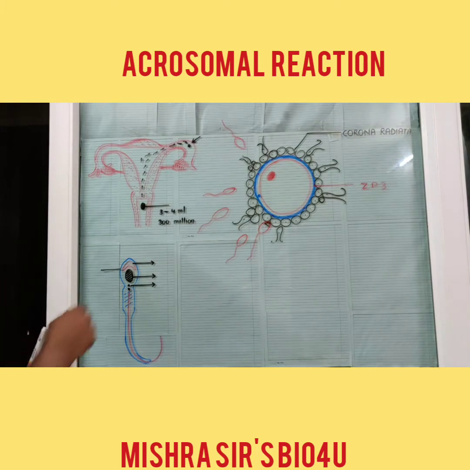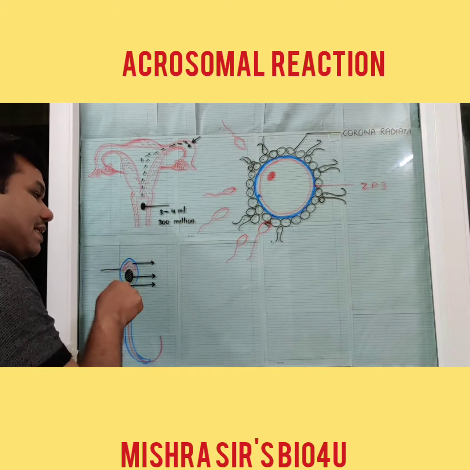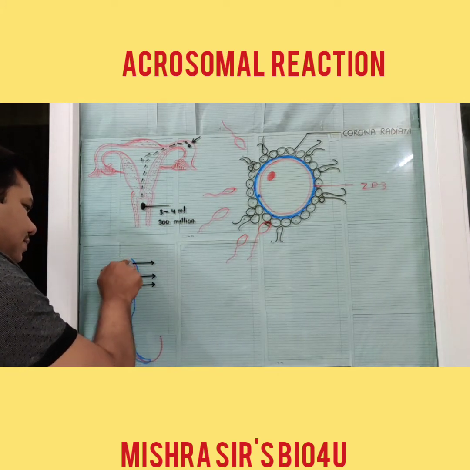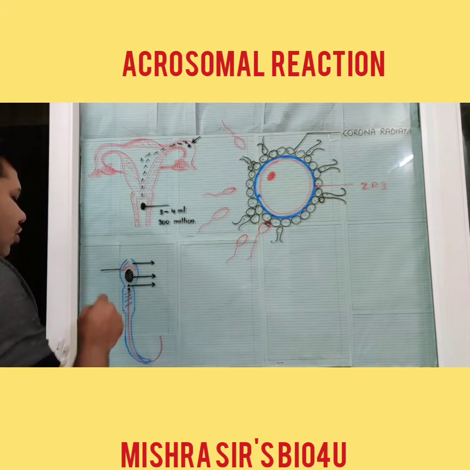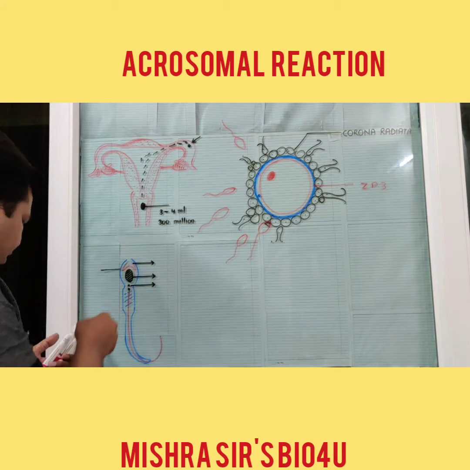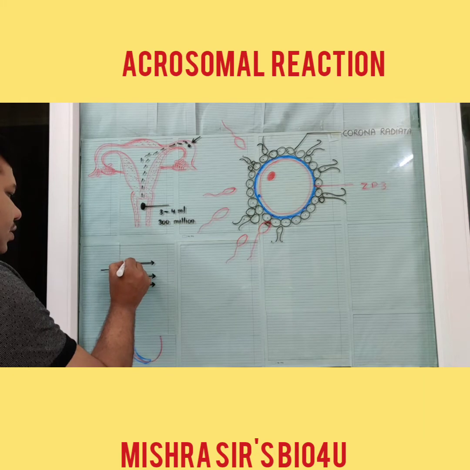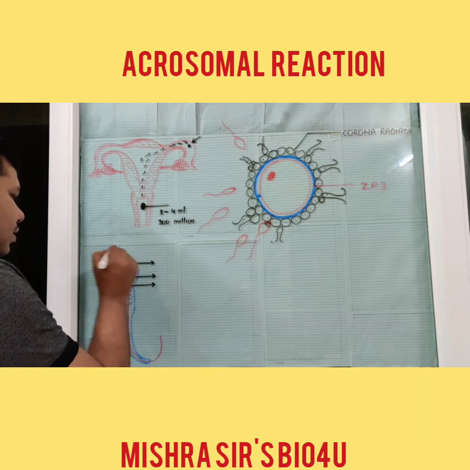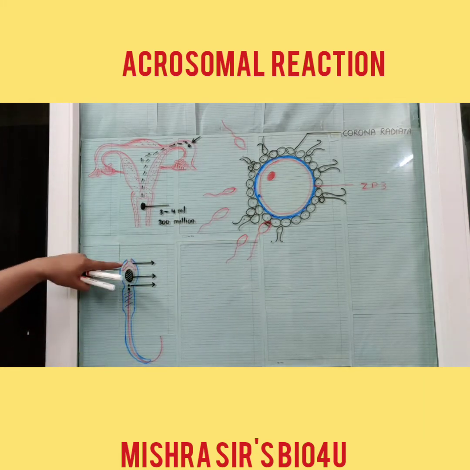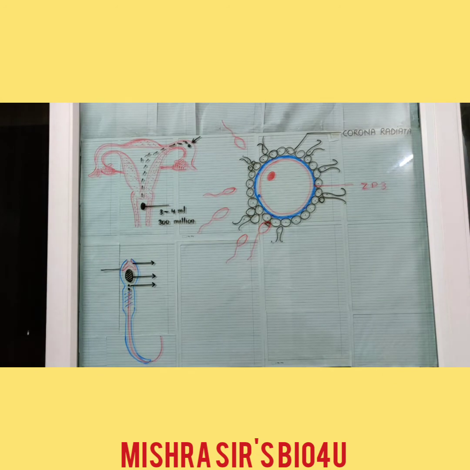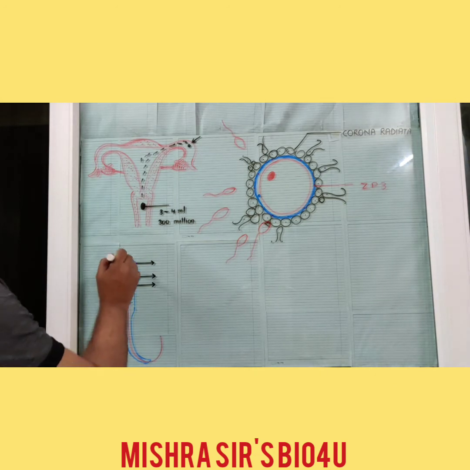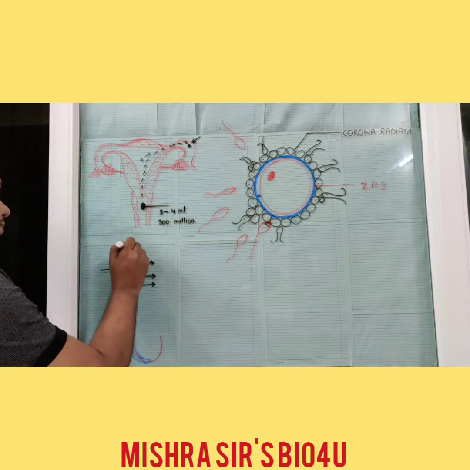I told you, the sperm head undergoes capacitation. So this part, that means the anterior of the head of the sperm, fuses with the acrosome. See here, it had opened, so it starts producing chemicals. Chemicals start coming out, see.